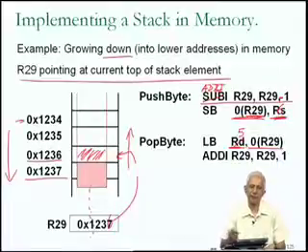Again, this could be R5, whatever register I want the value to come into for subsequent computation. Subsequently, I need to update the stack pointer by incrementing it by 1, and the effect of that will be that the top of stack gets erased.